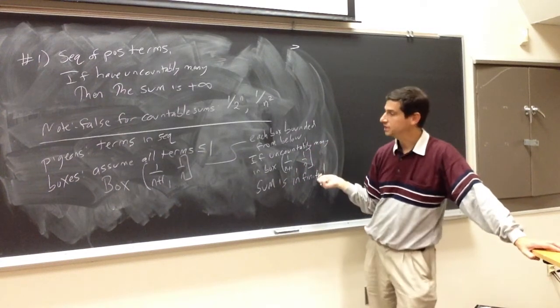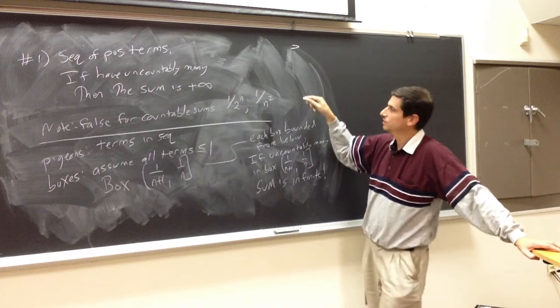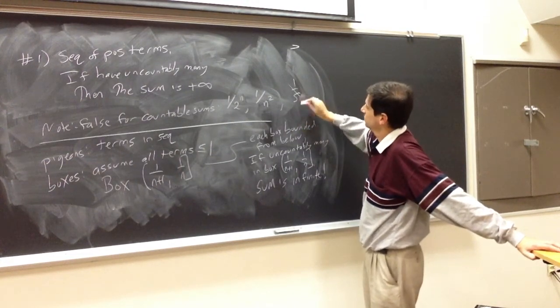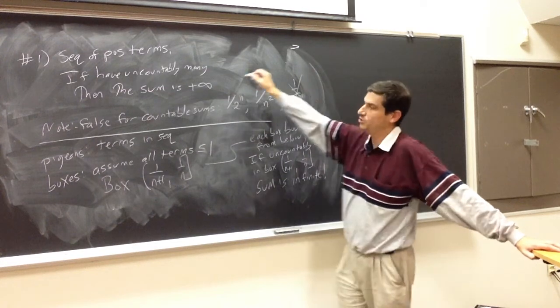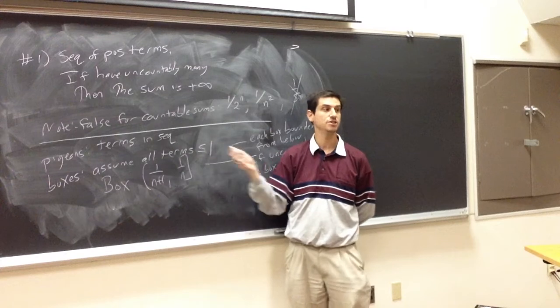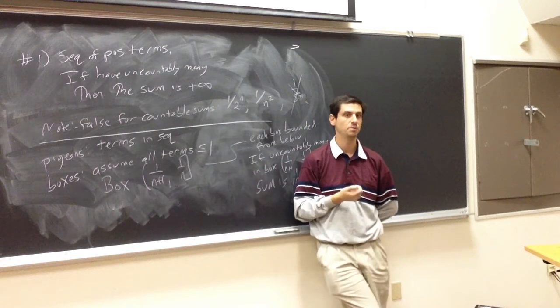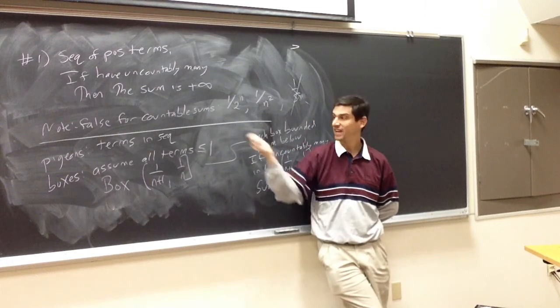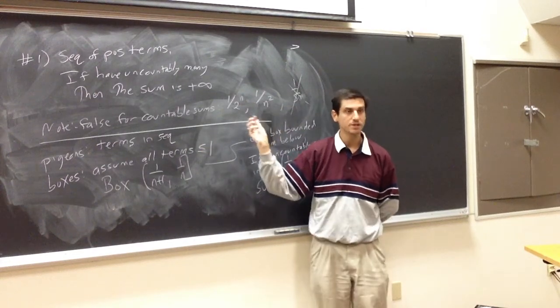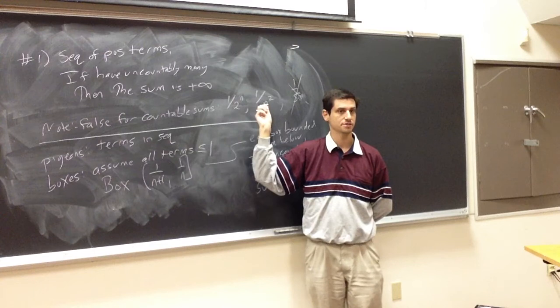All right, so the difficulty here was that if I took 1 over square root of n, this sum actually diverges. So that would not be a counterexample. And when I start putting it in here, it turns out I get a lot of elements in some boxes. But I only have finitely many elements in each box. It's not clear what happens. I have to roll up my sleeves and do some detailed analysis.